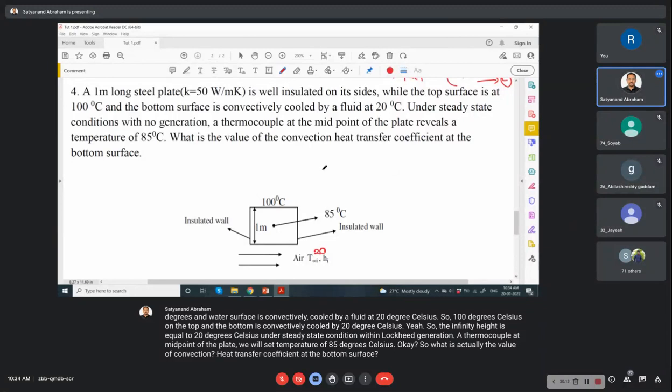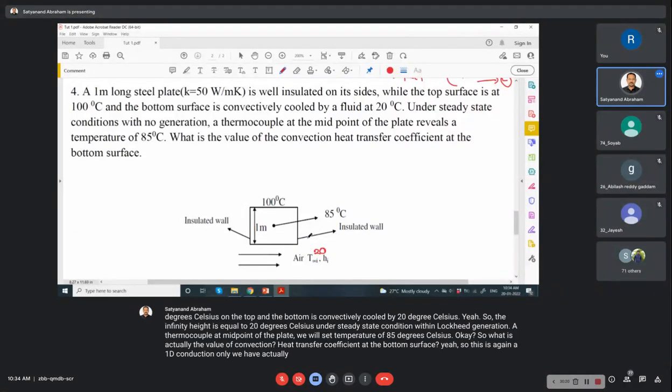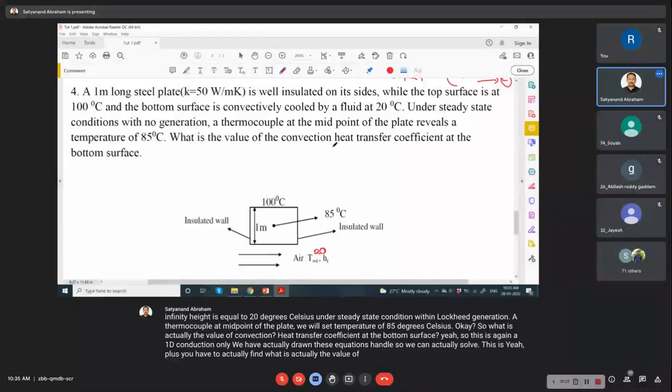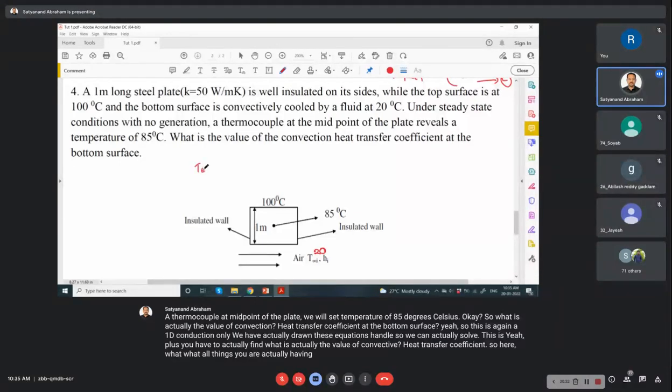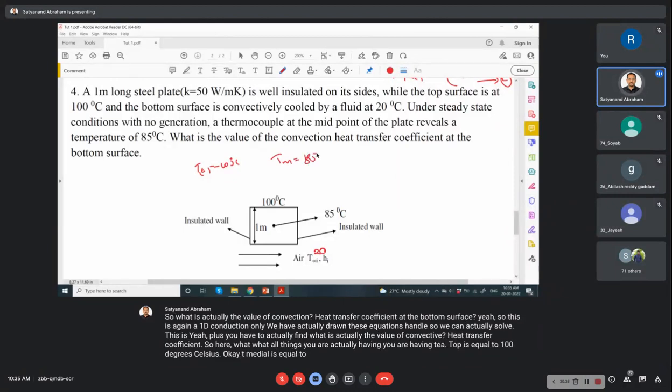So this is again 1D conduction only. We have drawn these equations already. How can we solve this? First, you have to find the value of the convective heat transfer coefficient. Here, what do we have? T top is equal to 100 degrees Celsius, T middle is equal to 85 degrees Celsius.